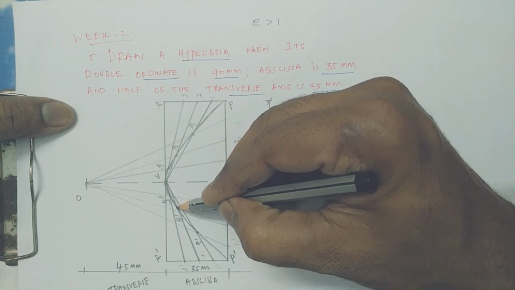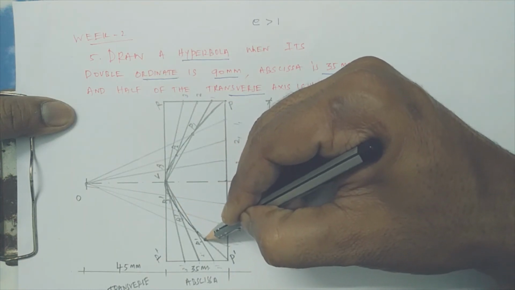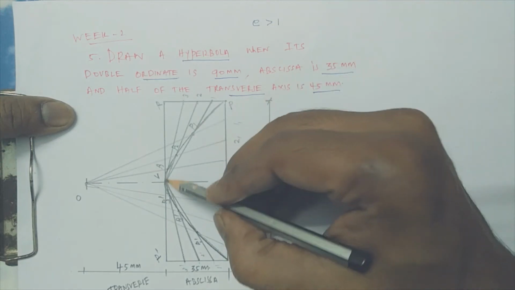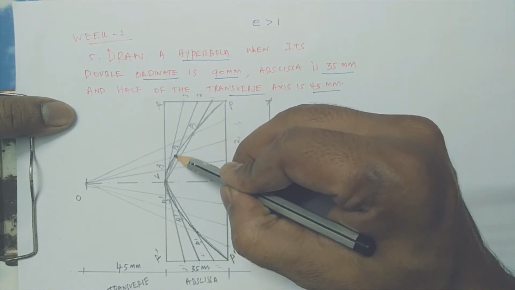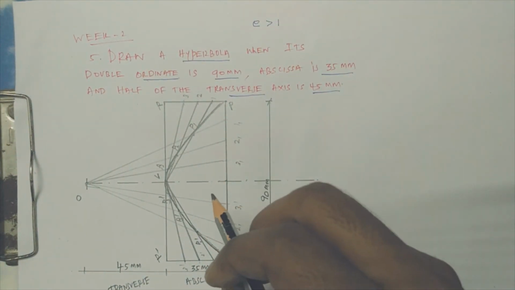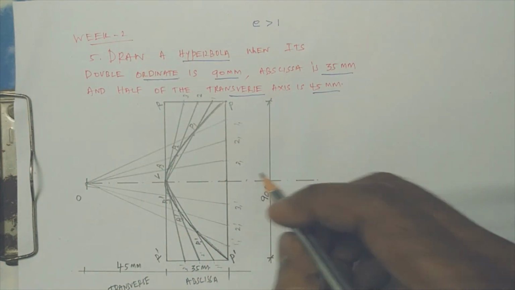Make only the main line very bold, and sketch the remaining lines very lightly. This is the traced path of the hyperbola.